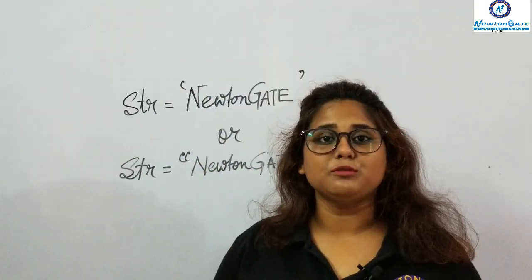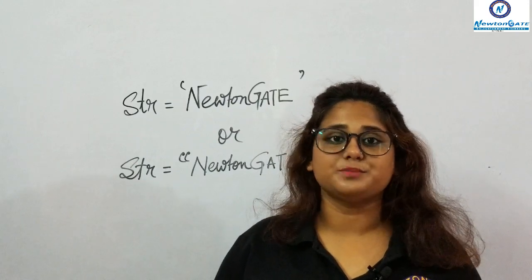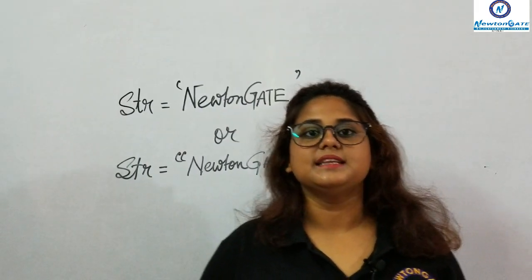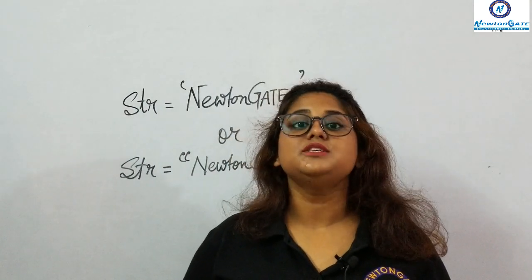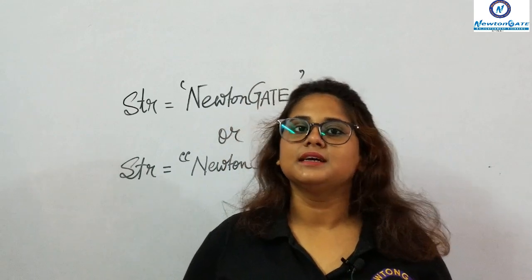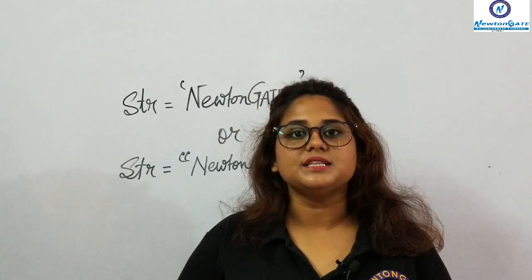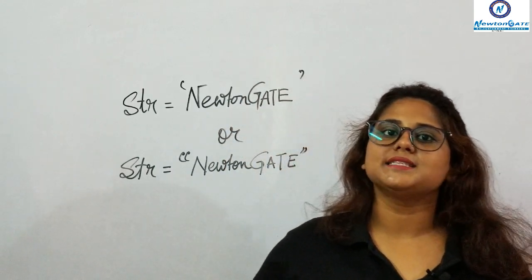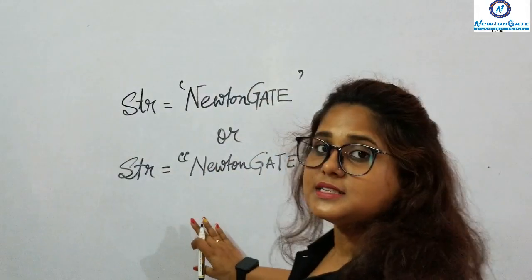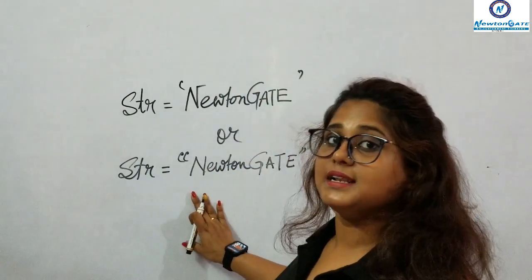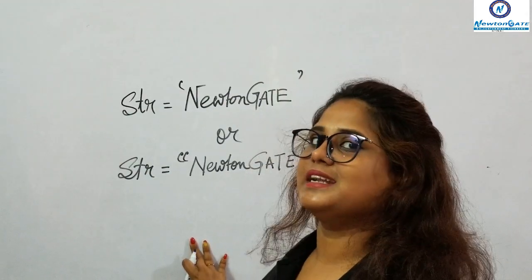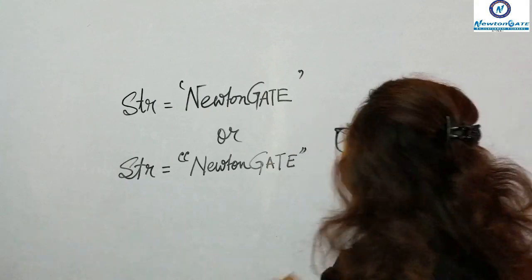Strings are immutable, that is, they cannot be changed. Each character in a string has its unique position, which we can also call the index. Position or index starts from 0 and ends up to the length of the string. We consider this as our example and let's write the position numbers for each character in Newton Gate.